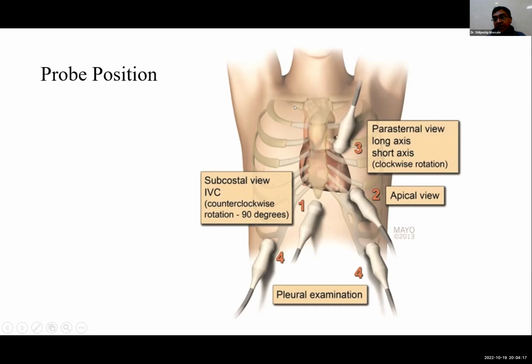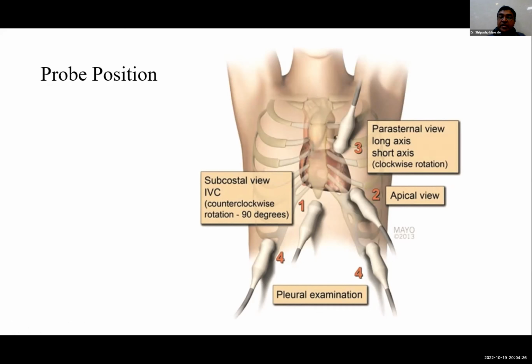When you look at the long axis of the heart, you say parasternal long axis. When you change the direction of the probe towards the left shoulder and cut the heart in short axis, you will see the heart in terms of circular images.